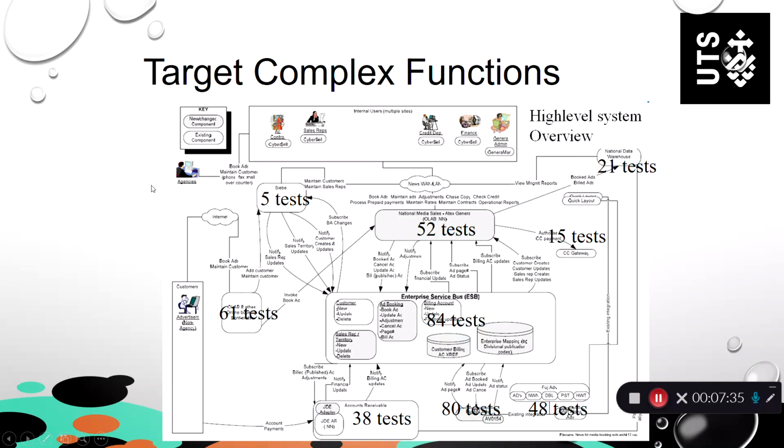If we have this statistics in place, it is a guideline for us to decide our investment of testing resources. For example, for this complex function, for different parts, we may allocate, of course, also based on other factors, for example, FMEA. We decide that for the enterprise service bus, this part, we do 84 tests. Some parts we do 5 tests, 61 tests, and so on, right?